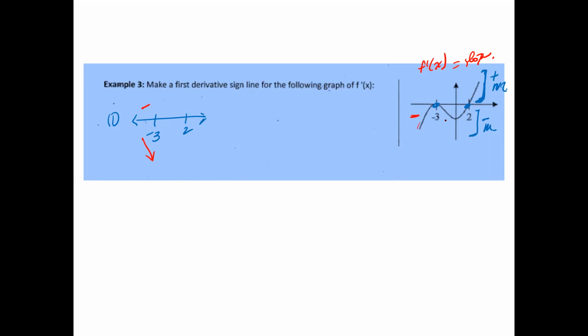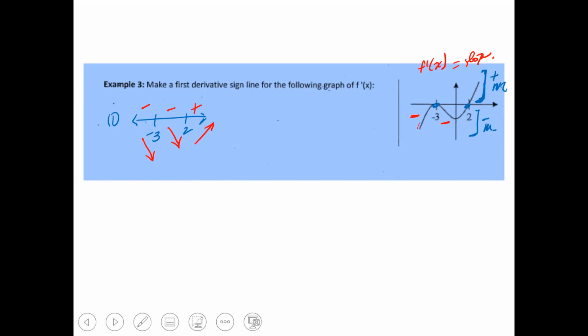After the -3, it is still below 0, so it's still a negative slope. After the 2, it is above the 0, so it is a positive. So then what does that mean exactly? That means I have a minimum here at point 2 comma f of 2.